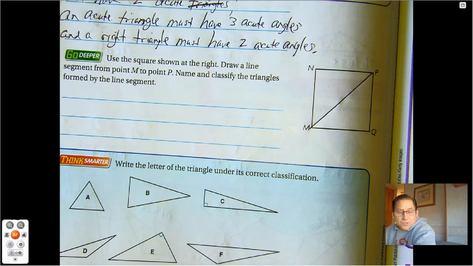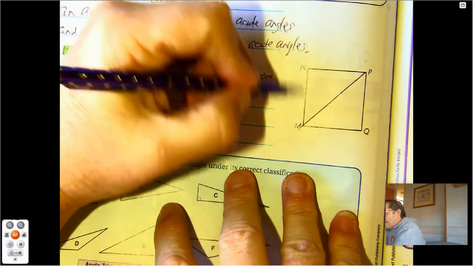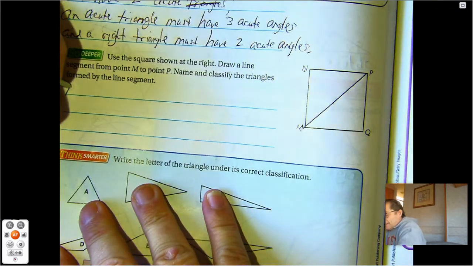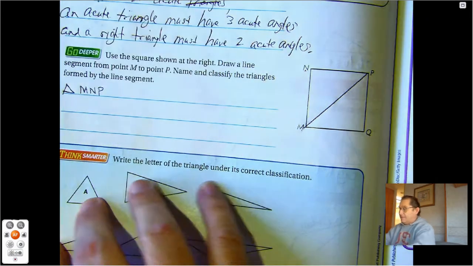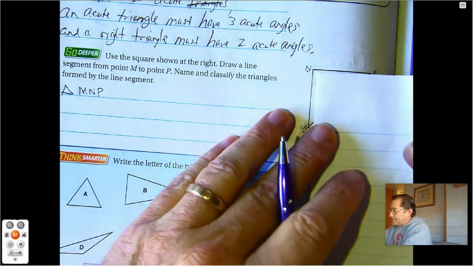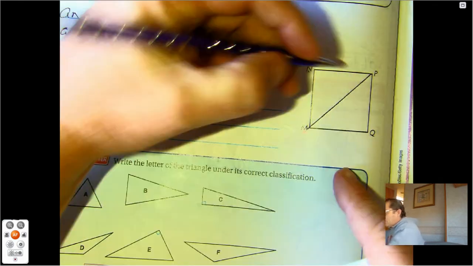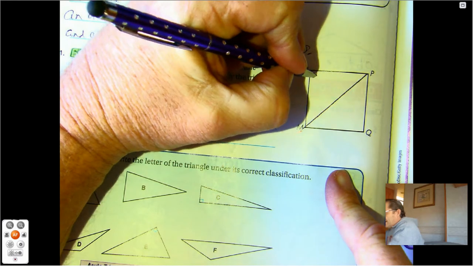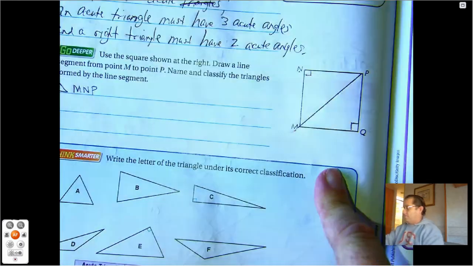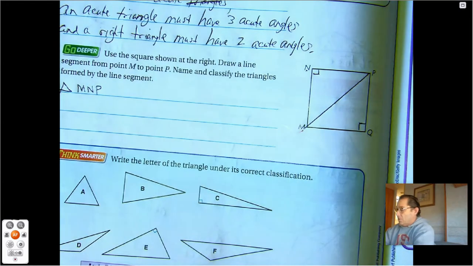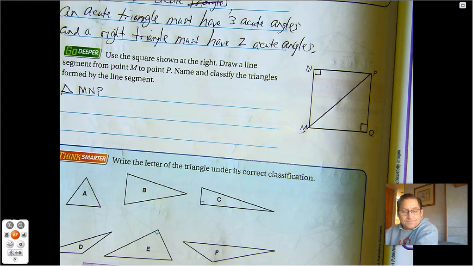Okay, so triangle MNP. That looks like it forms a right corner, right angle. Yep. So this is a right angle. This is a right angle. So we made two right triangles.